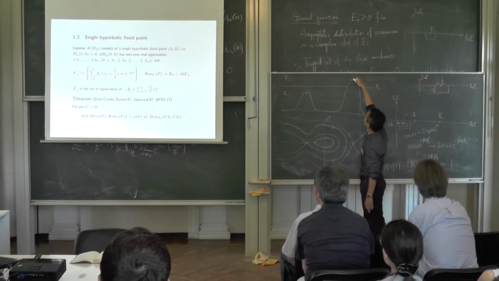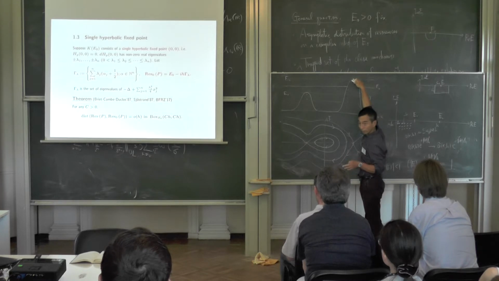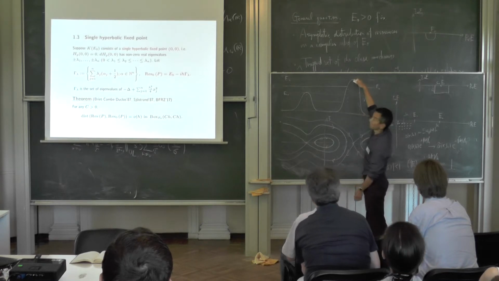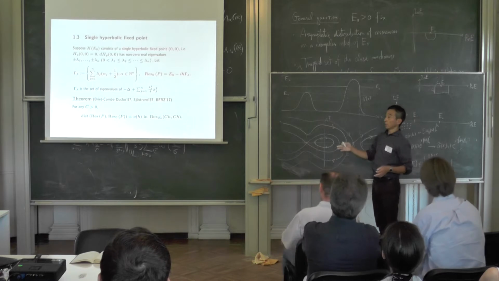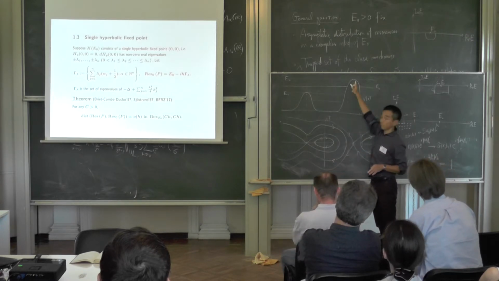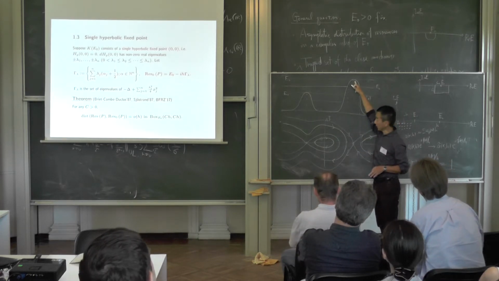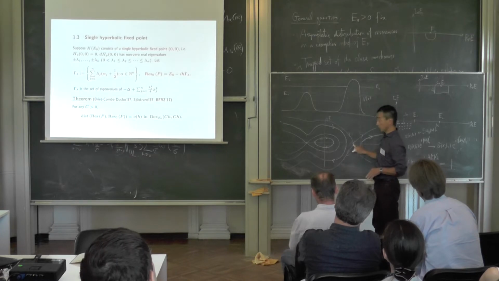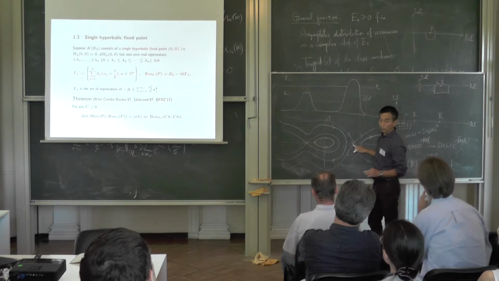Or if the particle here doesn't move at all, this point belongs to the trapped set. And if this is the global maximum, then this is the only trapped point in K0.